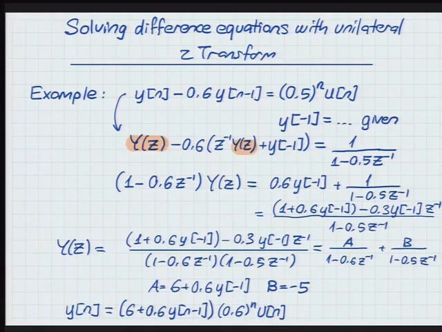All right, and then corresponding to B, negative 5, we get 0.5 to the n u of n, right? Just looking at the expression, 1 over 1 minus 0.5 z inverse, okay? So that's the solution, you got it. The whole problem was to solve this difference equation, so it only depends on the initial condition, right? All right, so we did it.